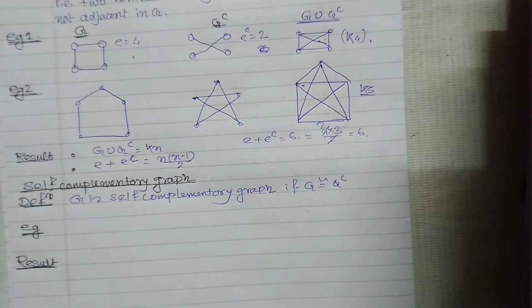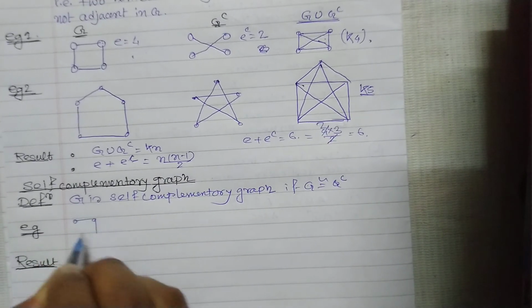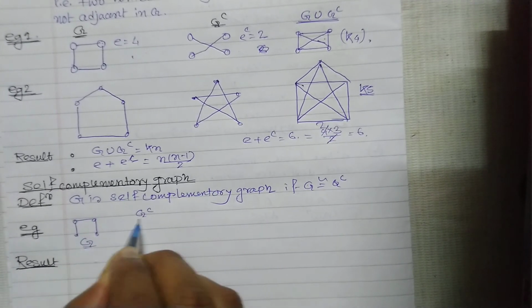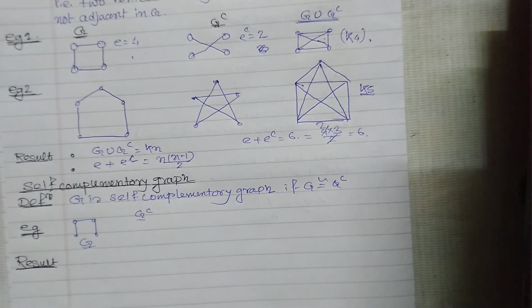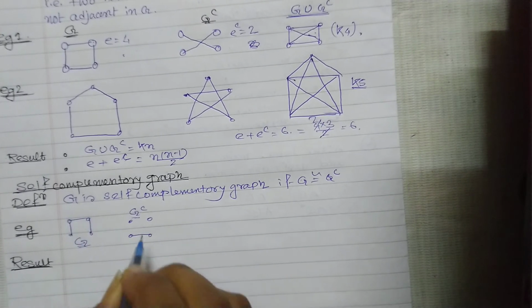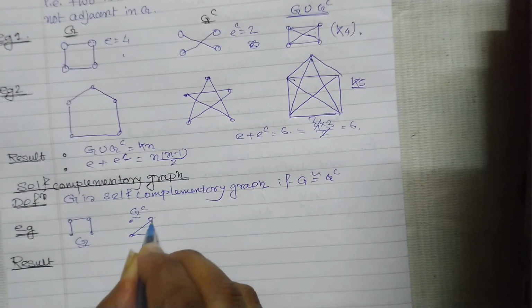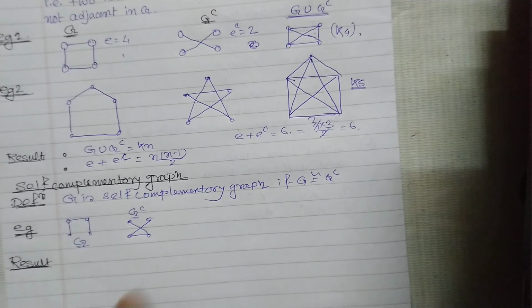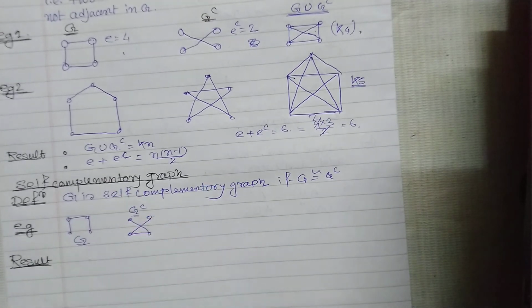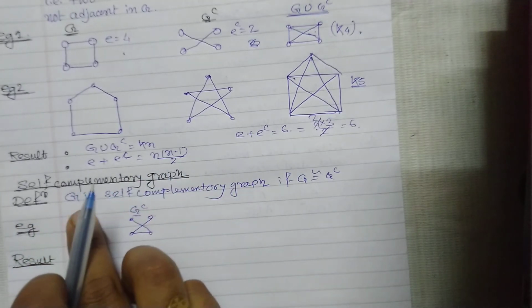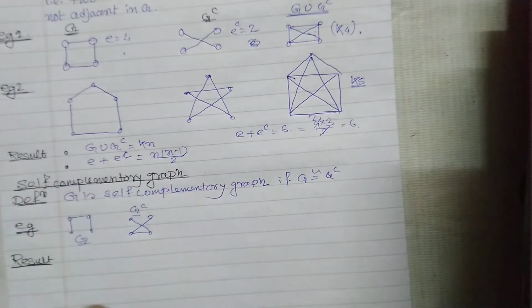Now we can give an example. Let us suppose this is the graph G, and if we find the G complement, the number of edges will be the same. These two are not adjacent and these two are not adjacent, so this is the G complement. If you observe closely, G and G complement are isomorphic graphs, because if we take these two vertices and just twist them, we can find this graph also in a rotated way.